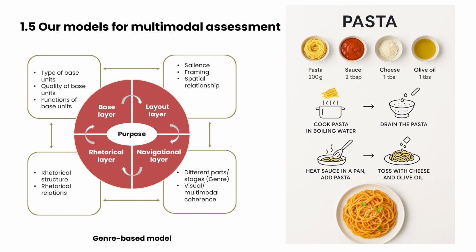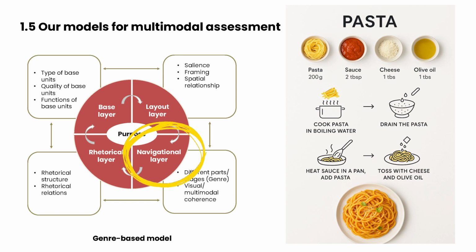Visual mode: it features images of the ingredients, step-by-step illustrations of the cooking process, and a photo of the final dish. These visuals complement the text by providing clear, easy-to-follow representations of each step. Together, the linguistic and visual modes work in harmony to convey the recipe effectively.